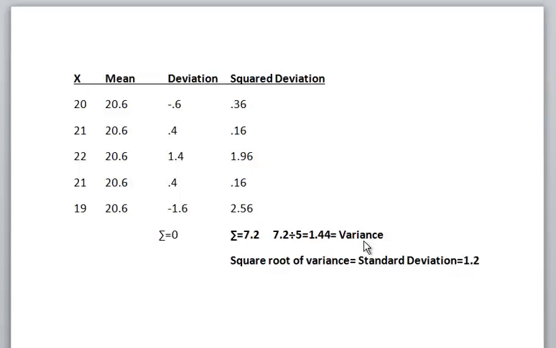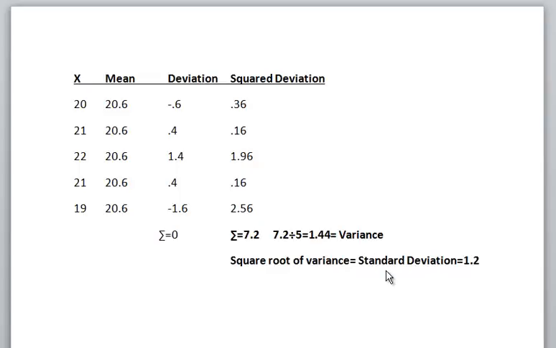So in this course, we're going to be talking about t-tests and analysis of variance and looking at correlations and things like that. They're all going to use variance instead of standard deviation because of the mathematical properties. But I want you to understand that variance and standard deviation are both linked.